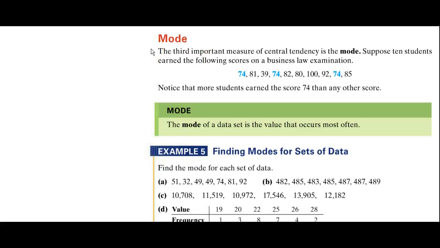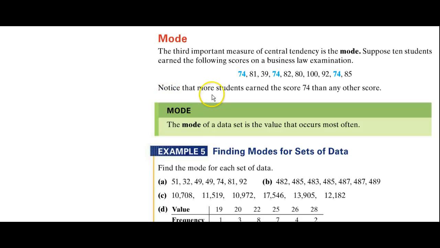Okay, there are a lot of M words used in this section. We had the mean for average, the median for the middle score, and now we have the mode, which is also involved in central tendency. Suppose 10 students earn the following scores on a business law exam.